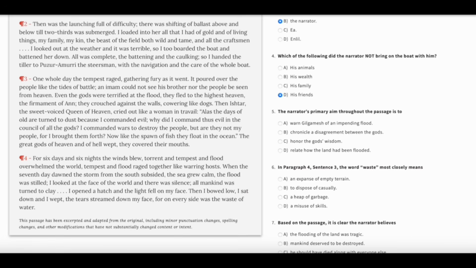That's tricky. Yeah. I mean, it's possible. Could be a lot of things. So let's just test the answer choices here. Could the narrator's primary aim throughout the passage be to warn Gilgamesh of an impending flood? Do we have any evidence for that? I don't think so, because he's talking about a flood like it already happened. Yeah, right?